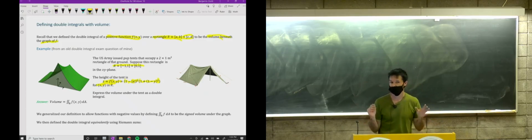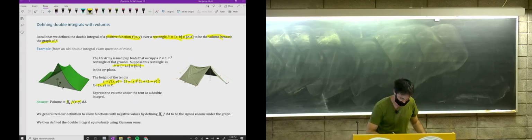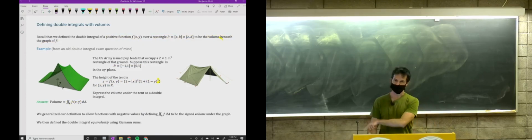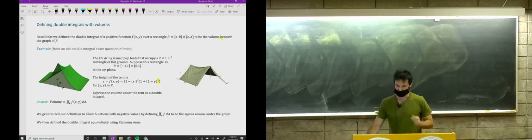Then you can find the volume contained in the tent if you integrate the function f over the rectangle. As for how to actually perform that integral, you'll have to wait till the end of the lecture to learn the necessary tools.